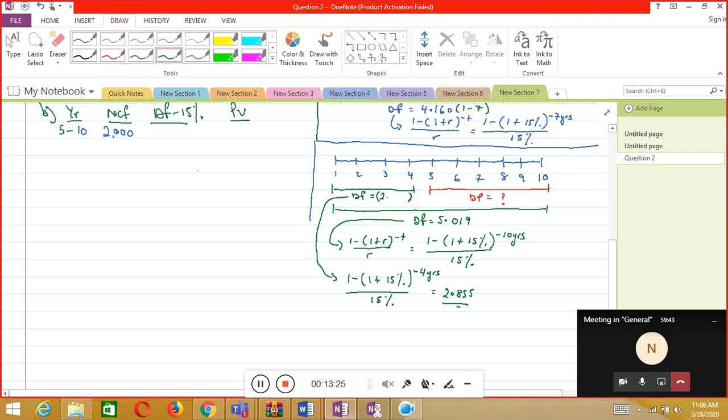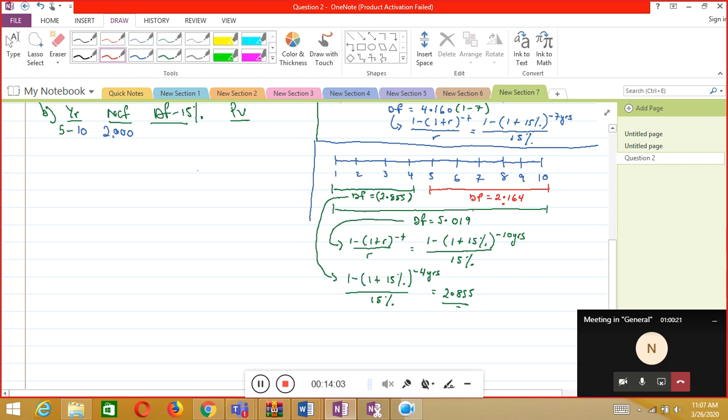So over here it's 2.855. So what do you guys do? You take the 5.019 minus the 2.855. Okay, minus that will give you the balance from year 5 to 10. How much? Which is 2.164.